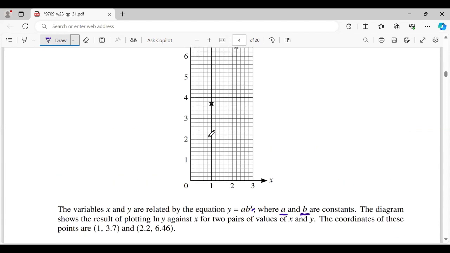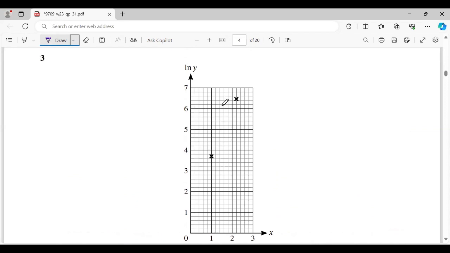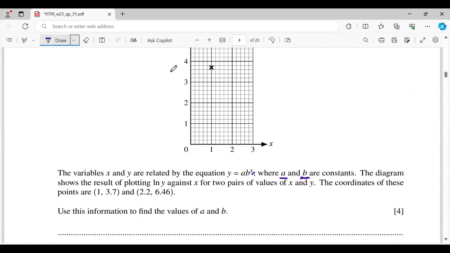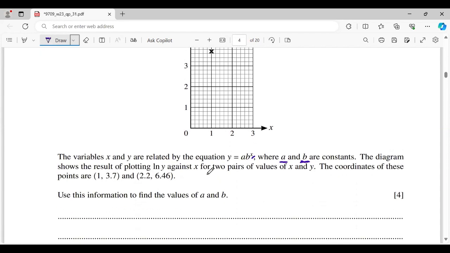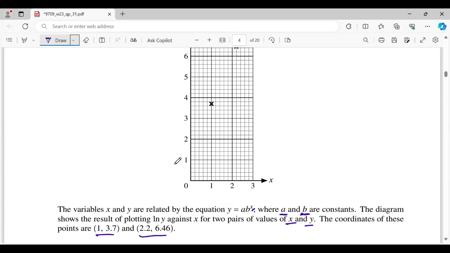Look at this axis for ln y, and the horizontal axis for x. For two pairs of values of x and y, the coordinates of these points are 1, 3.7 and 2.2, 6.46.